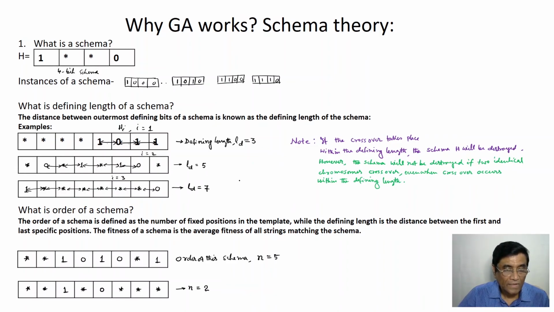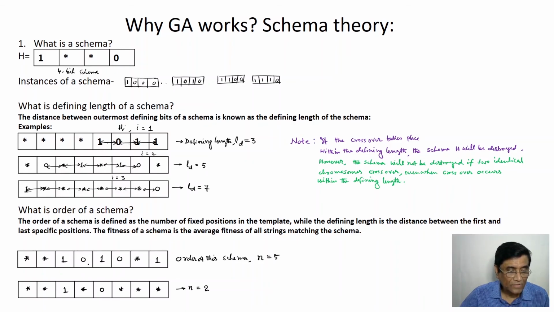Okay. So you have understood what instances of a schema are, what the defining length is, and now what is the order of a schema. Say this is a schema. Okay. So order is defined as the number of fixed positions in the template.